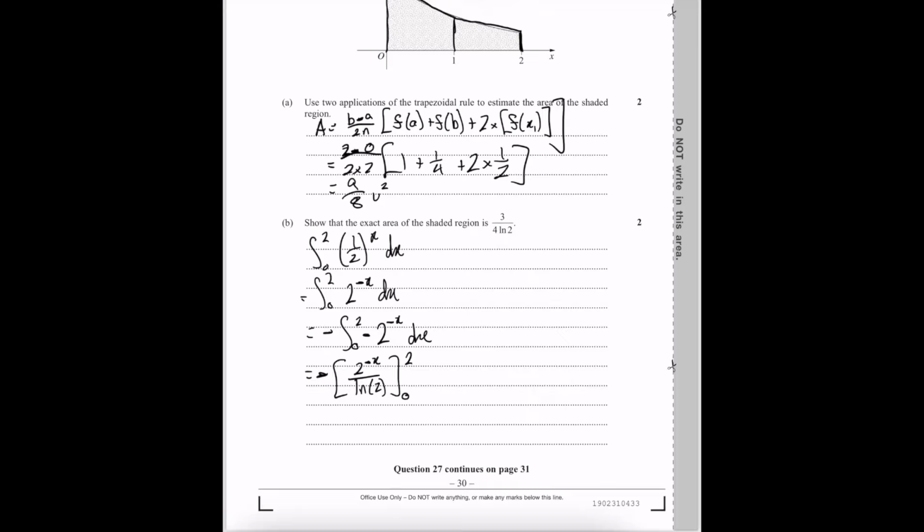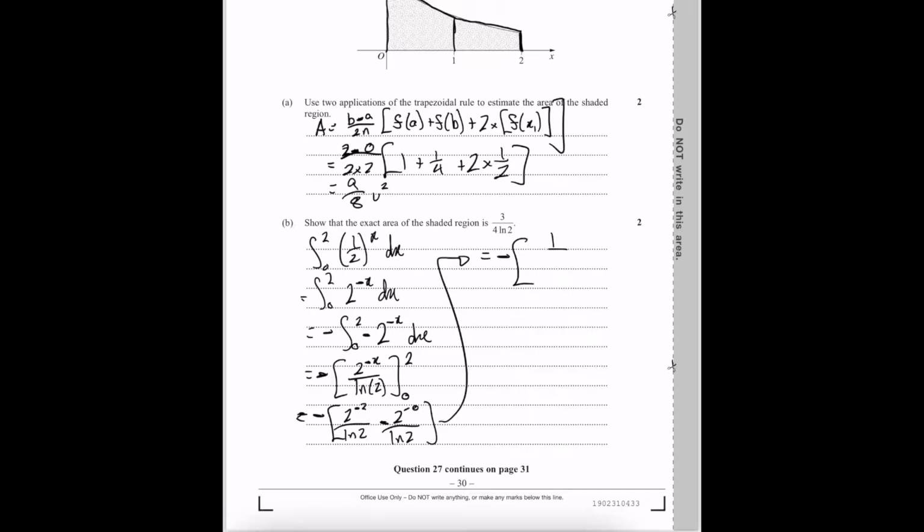From 0 to 2, and that's going to be equal to minus, outside of 2 to the minus 2 over ln 2 minus 2 to the minus 0 over ln 2, which is equal to minus, what is it?